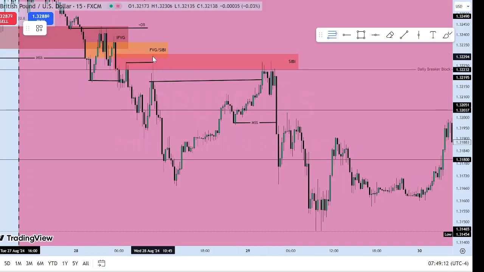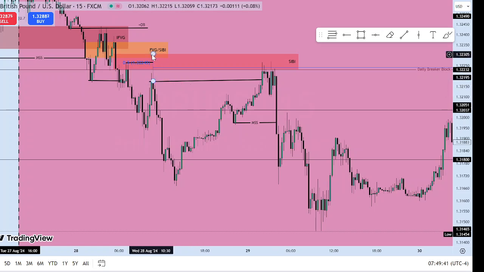So to measure the wick, you anchor from the high of the candle, the wick, to where the body closes. This is a bearish candle, to where the body opens for a bearish candle. For a bearish candle, we open high, then close low. For a bullish candle, we open low and close high.